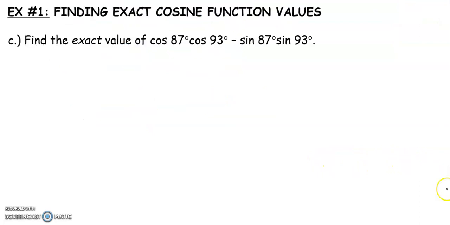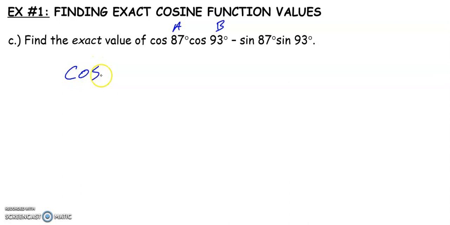So let's go ahead and do this one in class. We're going to do the cosine of 87 degrees times cosine of 93 degrees. Let's see if we can do this. So what this is going to turn into is this is saying A is 87 and B is 93, and this is how we find our cosine.